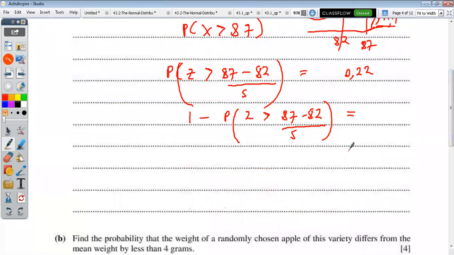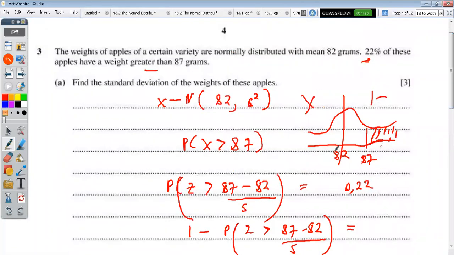So what it simply means is that phi of 5 over S is equal to 0.78, like that. This is 5 and this is S.